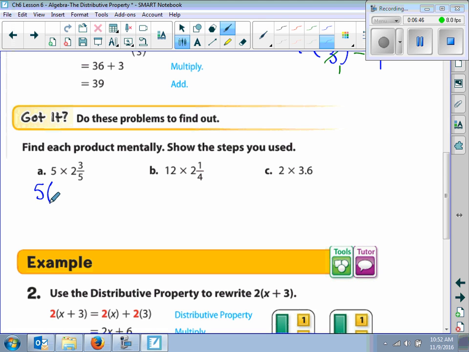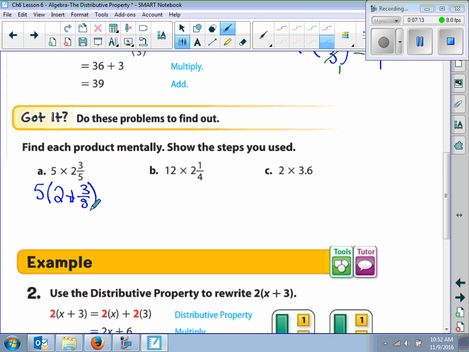So it's going to be 2 plus 3/5. So we've got 2 plus 3/5. Okay? Now, using my distributive property, pay attention. Using my distributive property, now I can multiply the number on the outside, the 5, times everything on the inside.